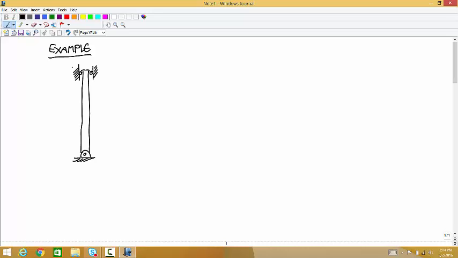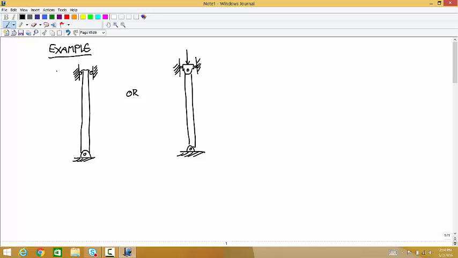It can't bend over. So that's where the sort of pinned idea comes from. It's free to rotate at the top and it's free to rotate at the bottom.